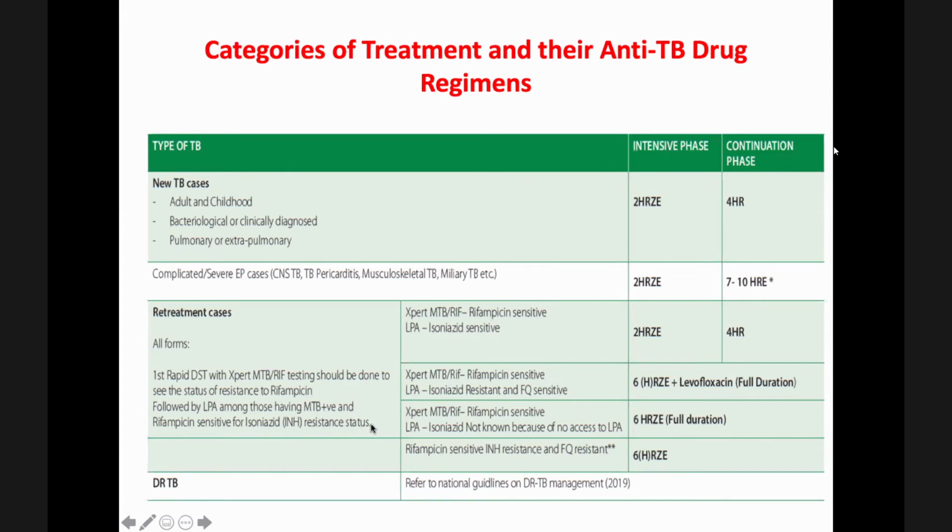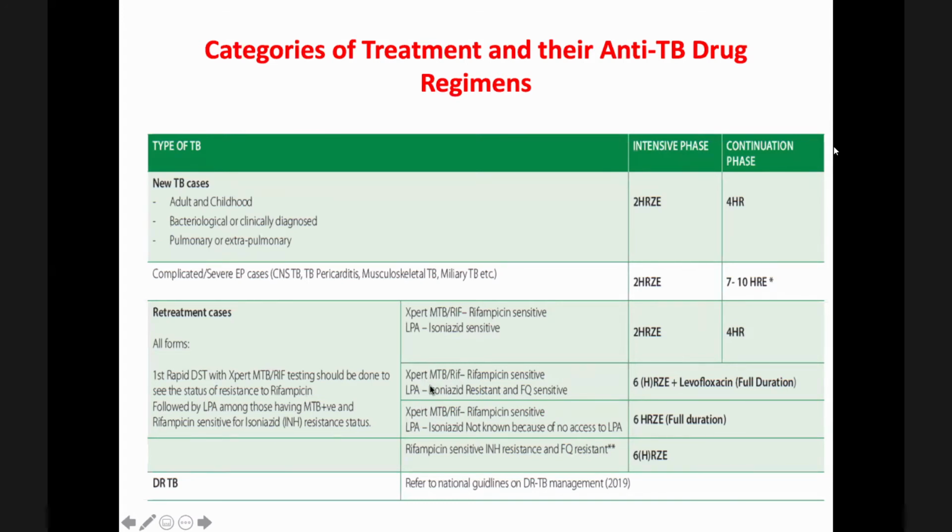For Xpert MTB rifampicin sensitive and LPA isoniazid sensitive, you are going to use 2 months of HRZE and 4 months of HR, if the patient is rifampicin sensitive and isoniazid sensitive.